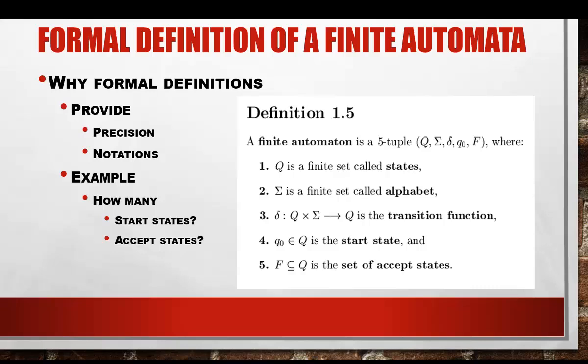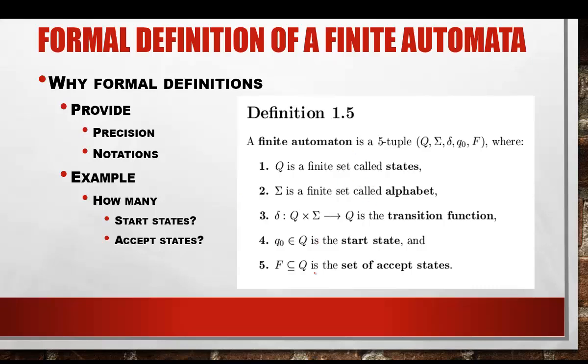where Q is a set of states, sigma is a finite set of alphabets, and by the way, Q needs to be also finite. Delta is a transition function, which basically describes where each transition leads from and goes to when you see a certain symbol from the alphabet.